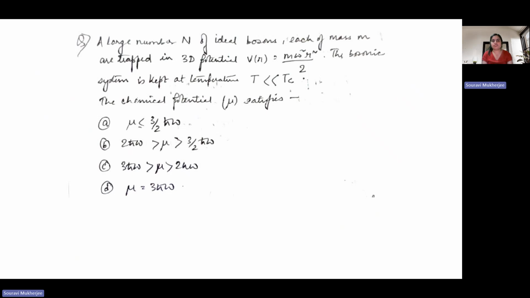So you have ideal bosons in a three-dimensional potential. As you can see, it's a harmonic potential, half m omega square r square, a three-dimensional harmonic potential, and it's a bosonic system. It's kept at a temperature much smaller than Tc. What does that mean? That means condensation will be happening, right? T is much smaller than Tc.